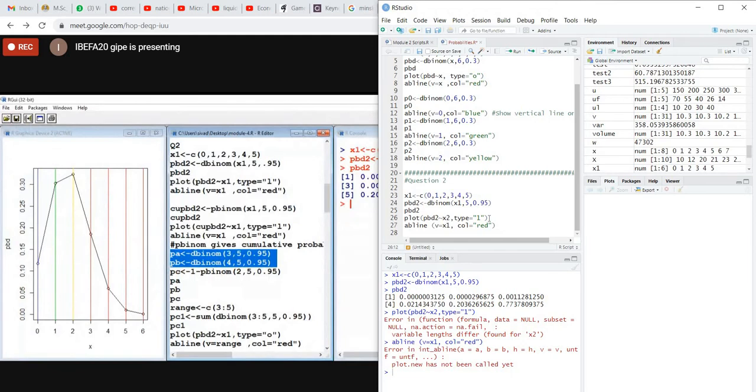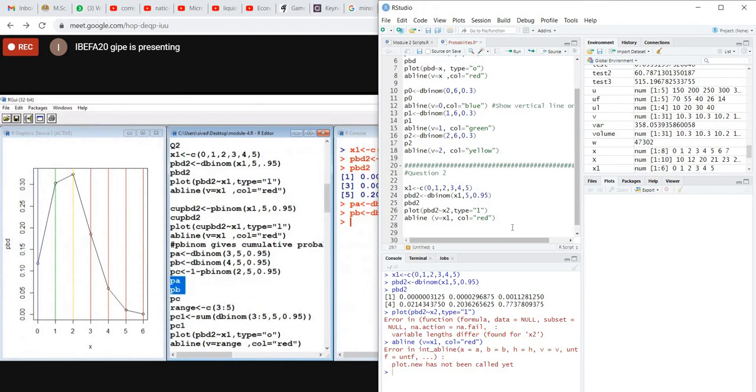They are individual probabilities. These are the answers.